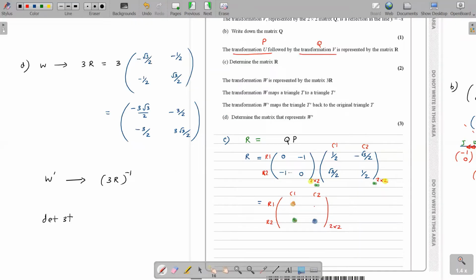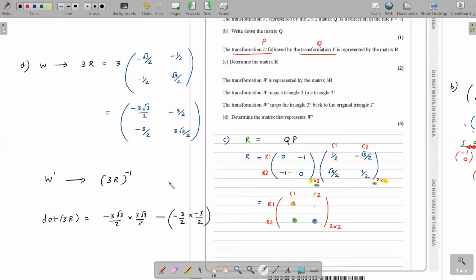Determinant of the 3R matrix. What's the determinant? Multiply minus 3 root 3 over 2 by 3 root 3 over 2, minus, you multiply minus 3 over 2 with minus 3 over 2. Are you following what I'm doing here? I multiplied these two elements.